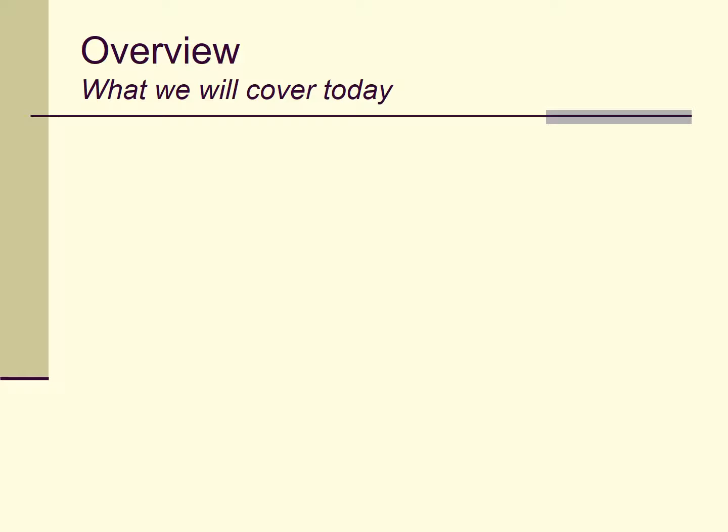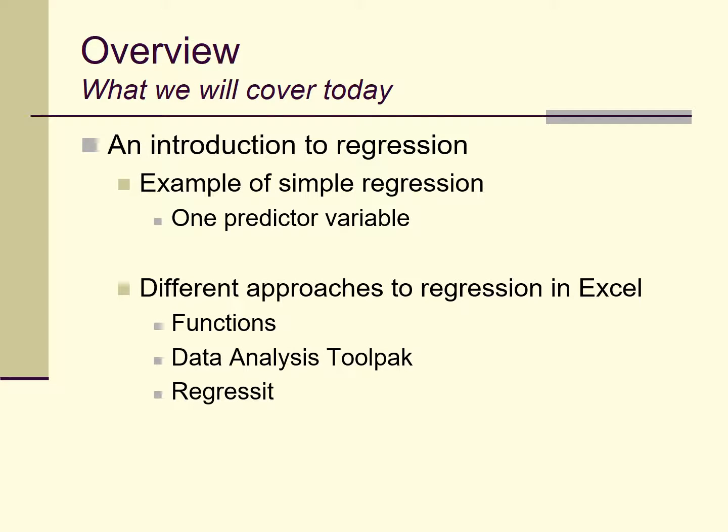So the way this is going to work is I want to give an introduction to simple regression, and that really is just this. It is cases of regression where we have one predictor variable and one outcome variable. Simple. And to handle simple regression, or indeed to handle other forms of regression like multiple regression, in Excel you have some different options.